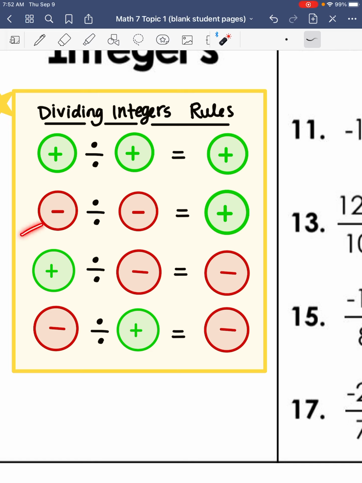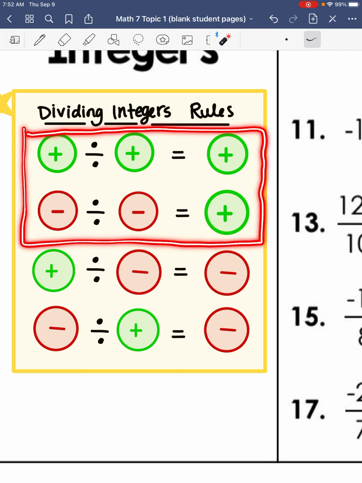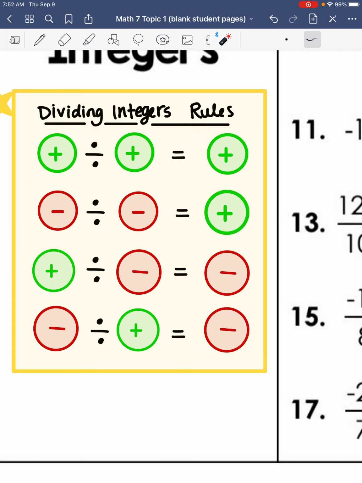If I take a negative integer and divide it by another negative integer, my quotient is going to be positive. So when the signs are the same, the quotient will be positive. The answer will be positive whenever the signs are the same.